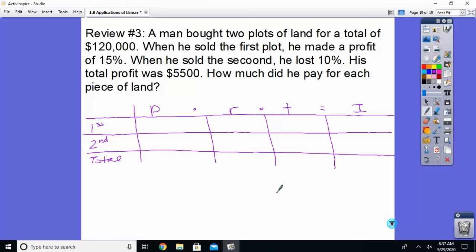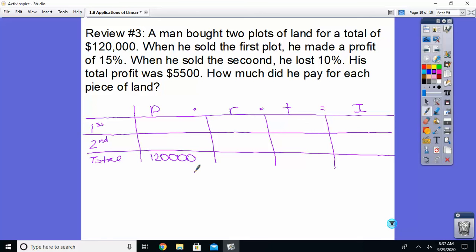So a man bought 2 plots of land for a total of $120,000. Where does that $120,000 go? That's our total principal. Principal is like your starting amount. Okay, do I know how much he paid for the first one?